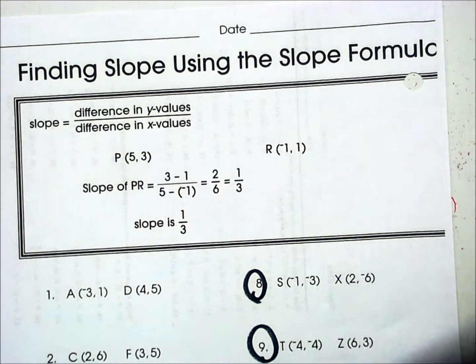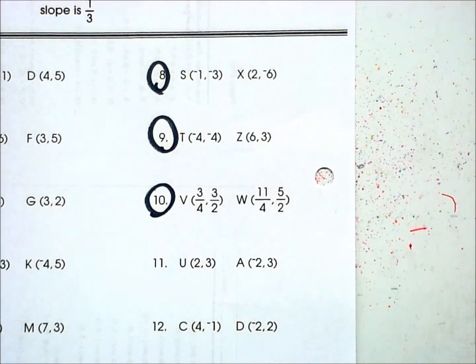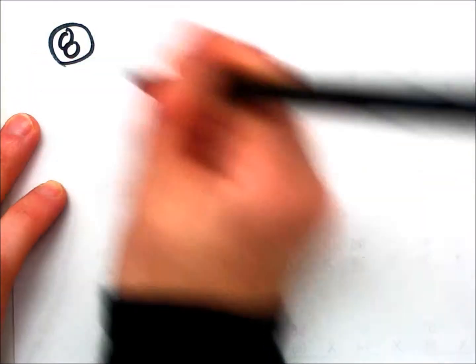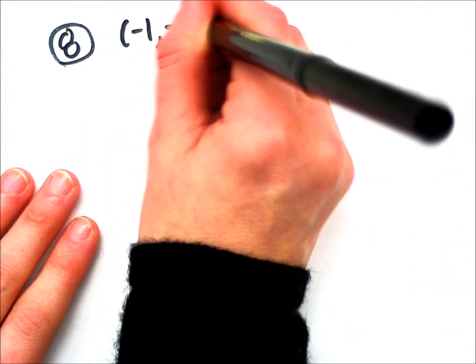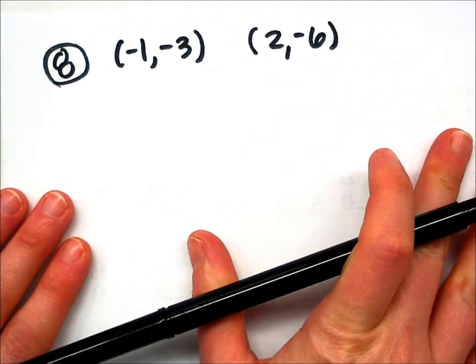Okay, so to find the slope of a line that goes through 2 points using the slope formula, first thing we're going to do is write down the points. So for number 8, we had the points (-1, -3) and (2, -6).